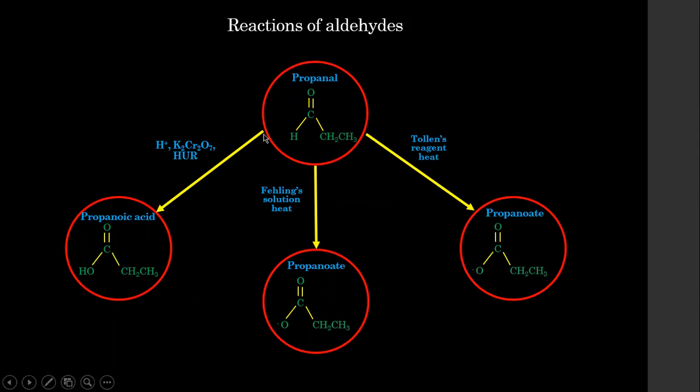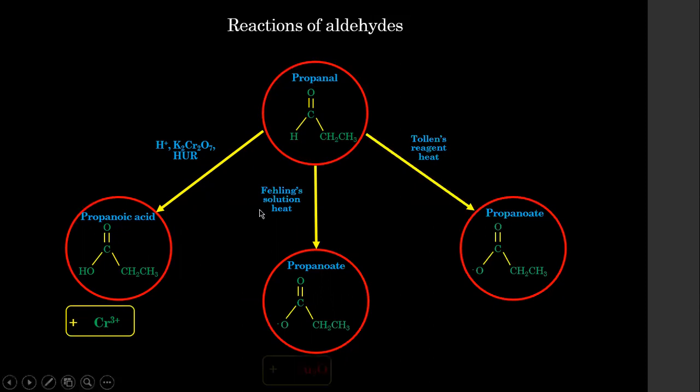Why does propanal undergo oxidation to make propanoic acid? Because we have potassium dichromate, an oxidizing agent. The oxidizing agent undergoes reduction, finally producing chromium 3+ ions. So the solution slowly goes from orange to green during the reaction. In the second one, Fehling solution contains Cu2+.